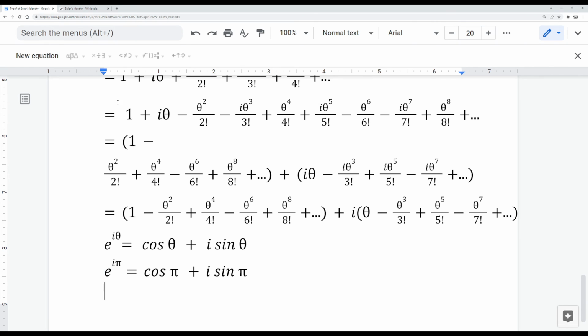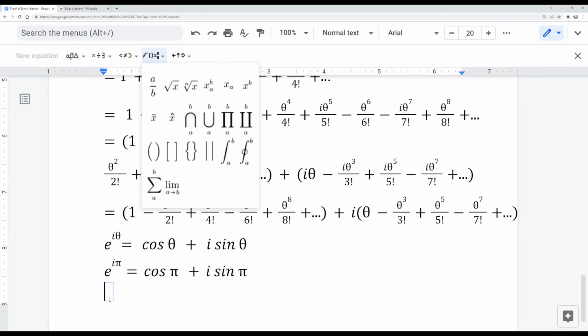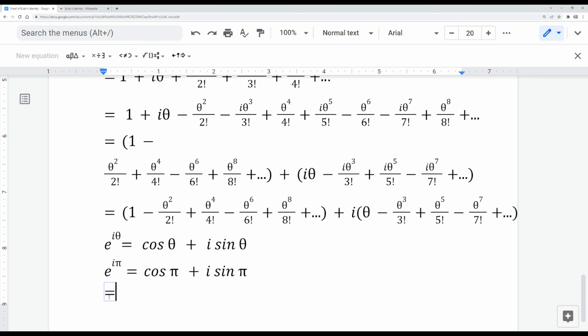Alright. Here we go. What is the cosine of pi? Well, think back. Actually, you don't have to think. It's negative 1. Plus, what is the sine of pi? Again, the same thing. 0 times i, right?